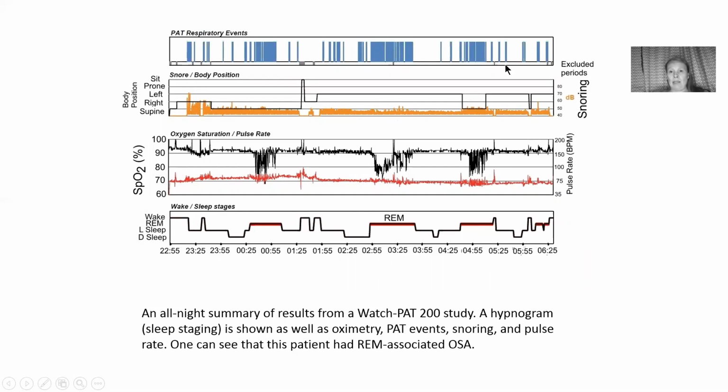And if you compare that to when they're having respiratory events, you see a high correlation of the respiratory events, oxygen desaturations, and REM. Another thing I always look for is supine. All of this was supine. They actually had maybe a few more events supine than non-supine, but predominantly the events were during REM.